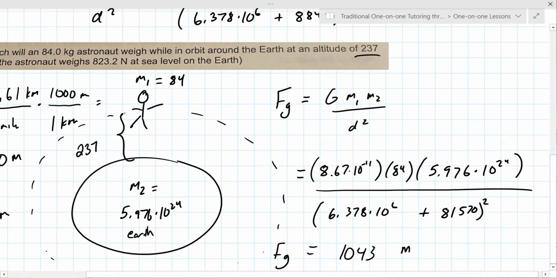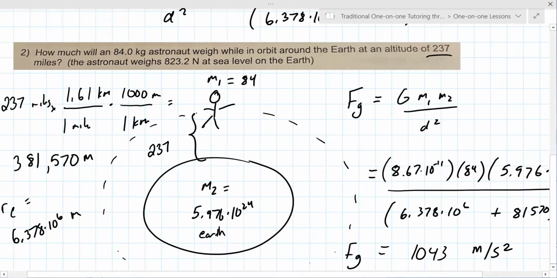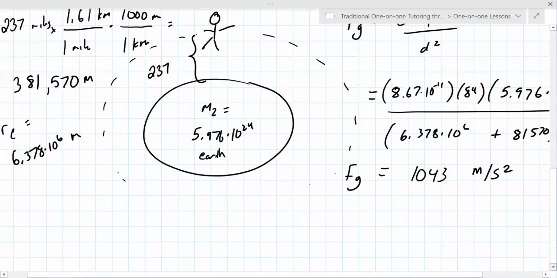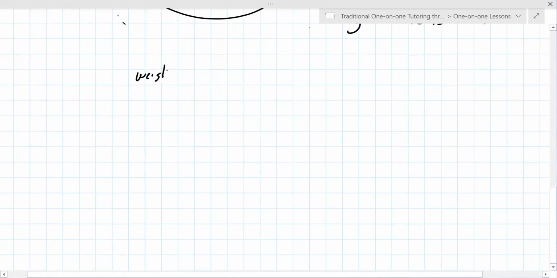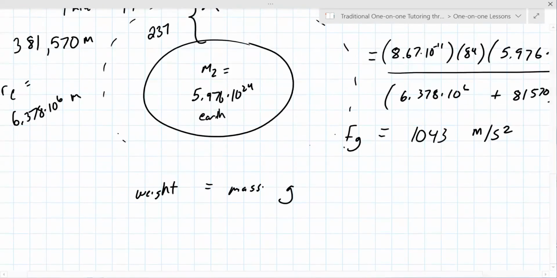Great. And the units of that is meters per second squared, because it's like an acceleration. So now, if we go back to what the question is actually asking, it'd say, how much will an 84 kilogram person weigh? Your weight is mass times gravity. And this FG is that. And I think sometimes that's unclear.